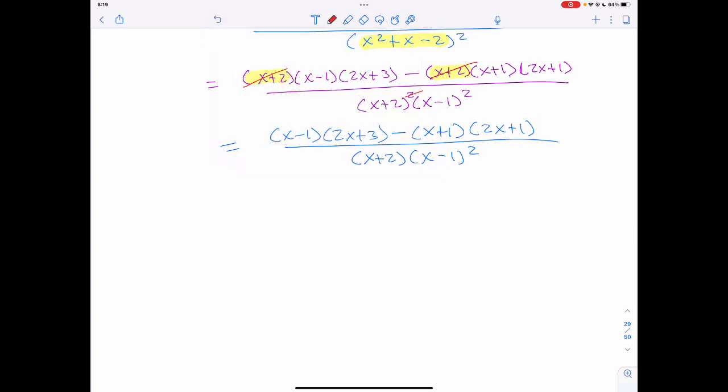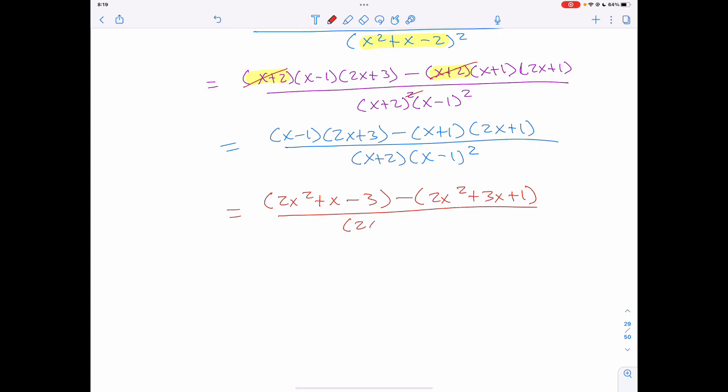I'm going to expand out because I can't factor any further. So I'm going to get 2x squared plus x minus 3 minus 2x squared plus 3x plus 1, all over x plus 2 and x minus 1 squared.